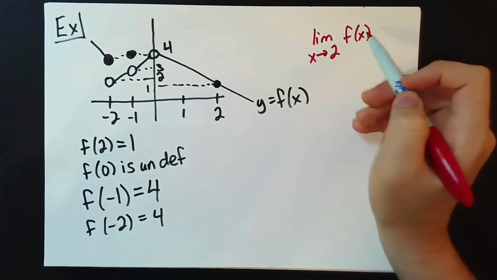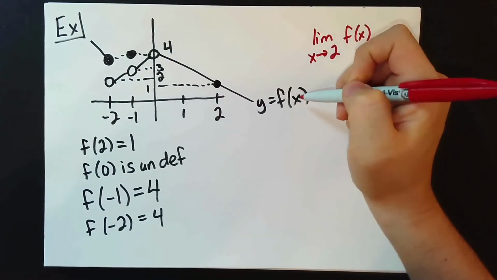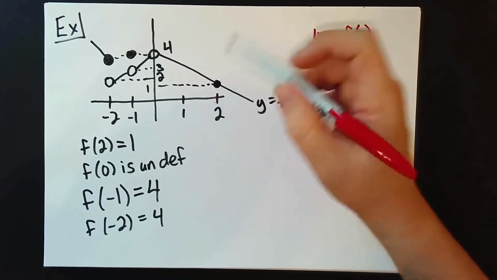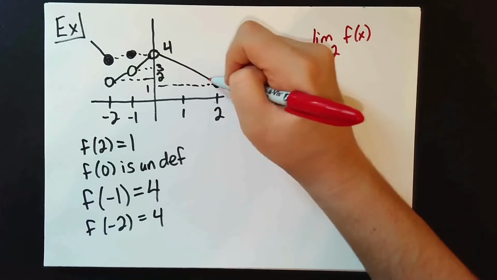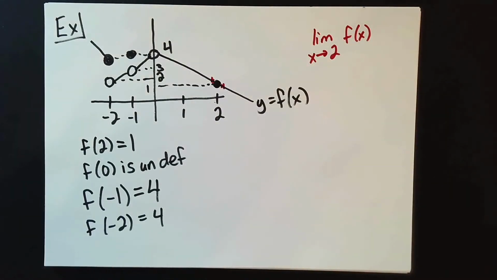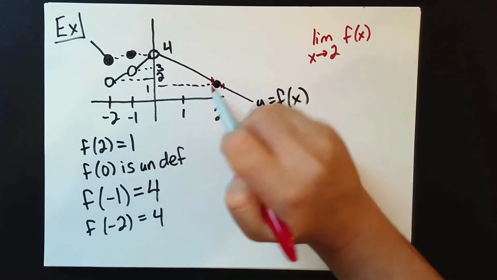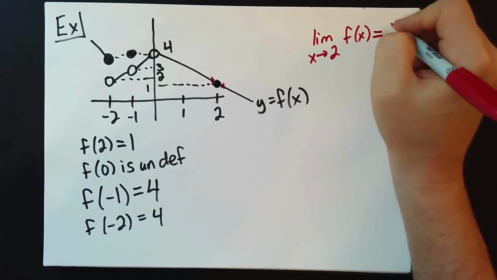So this is saying, if I plug in values of x very near to 2, but not equal to 2, what output do they end up near? So things like there and like there. Okay. And those outputs, they end up very close to 1. And so this limit is 1.